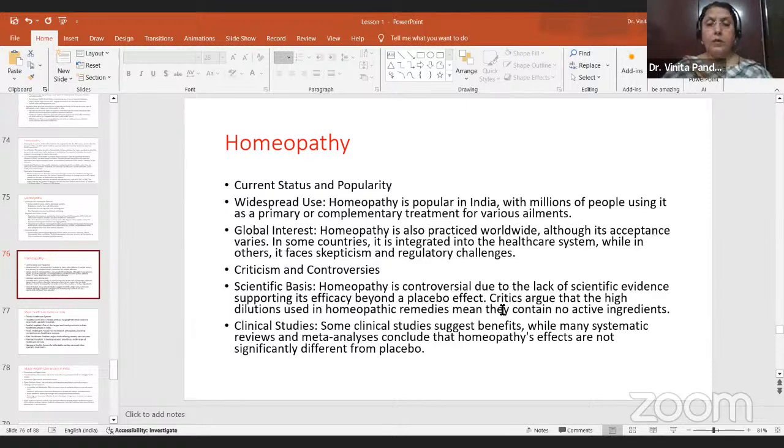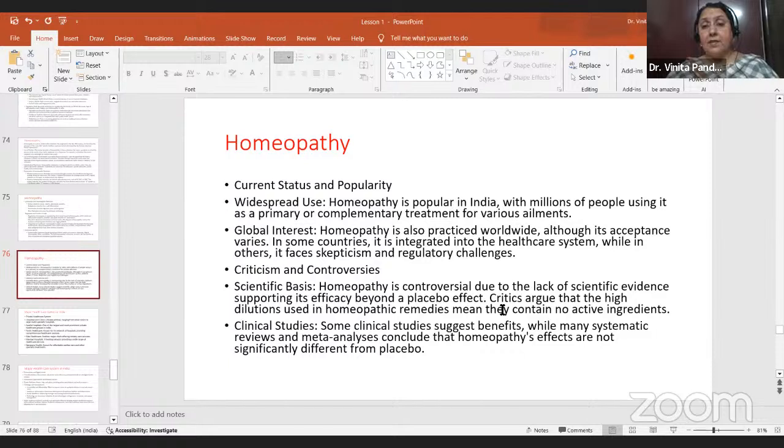Of course, I'm not going to go into whether it is yielding results or whether it is only a placebo effect. That is beyond the jurisdiction of this particular class. There are many medical experts who do not agree with the principle of homeopathy, but those who have benefited from homeopathy medication will definitely stand for it.